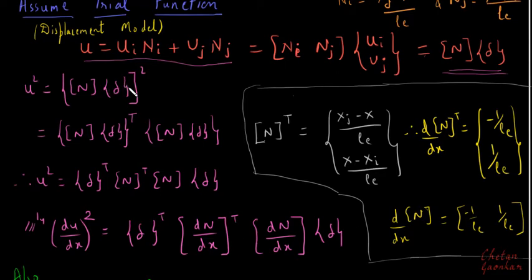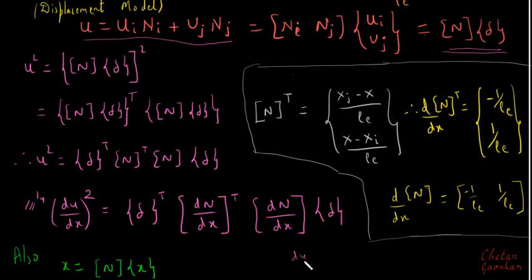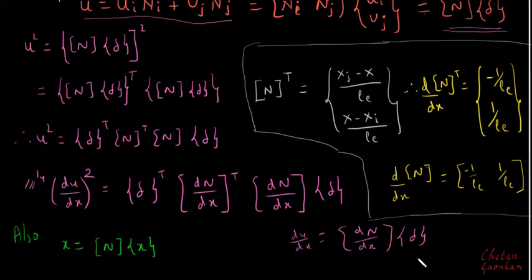Or else you can consider it this way also. Since u is N into delta, du by dx, or u dash, will be dN by dx times delta. And if I want to square this term, it will be the same as this. Only thing is, in place of N I have dN by dx, and in place of delta I have the same delta.